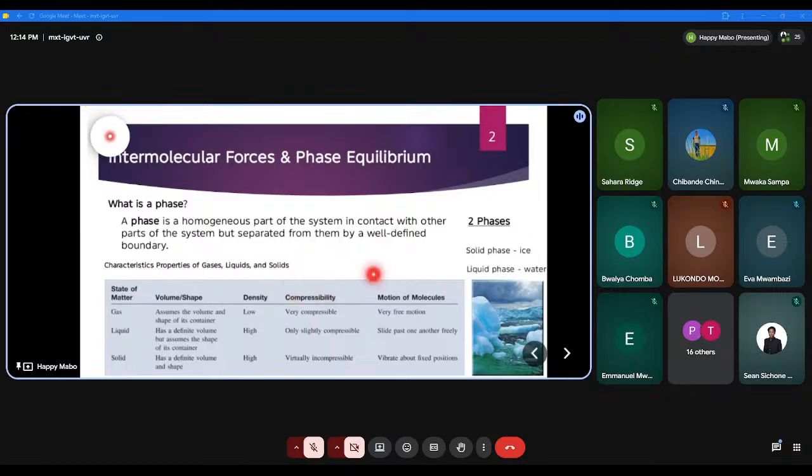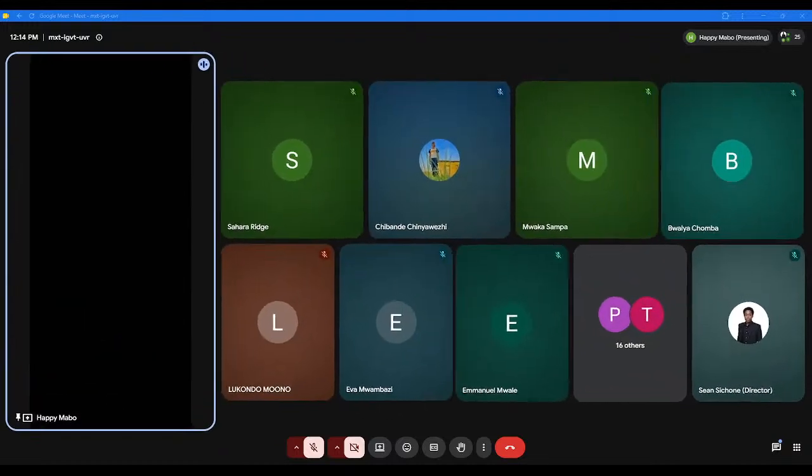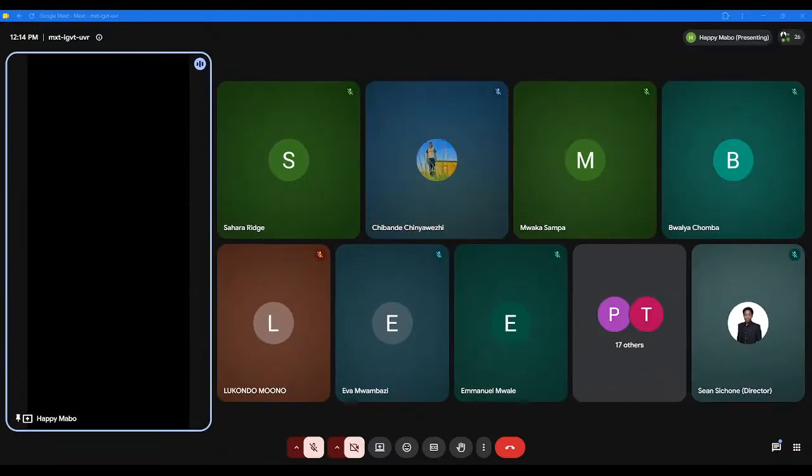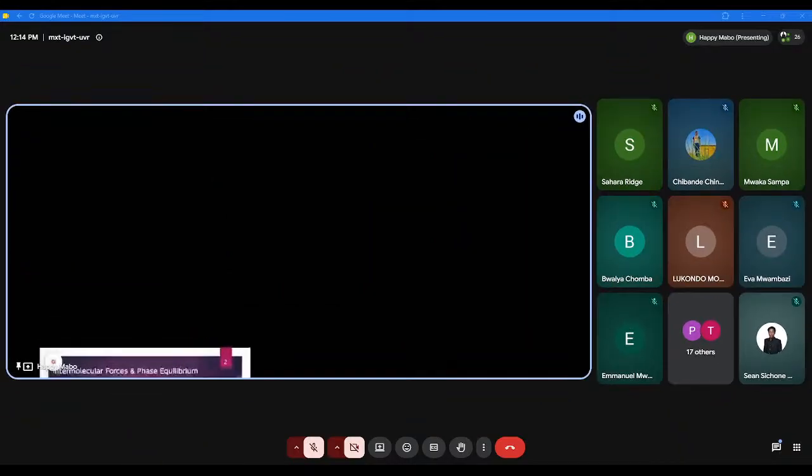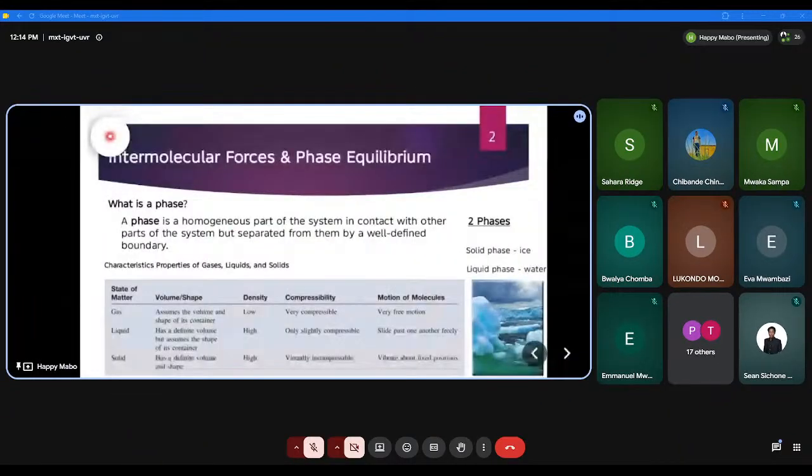At a later stage, we're going to have to explain why some substances exist as liquids, others exist as solids, and also those that exist as gases. So we will use the knowledge that we are going to acquire from this part of the component on intermolecular forces to explain why those substances exist in those states.